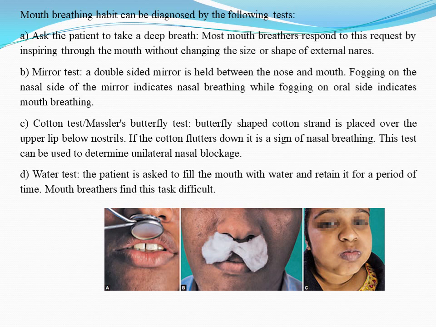This test can be used to determine a unilateral nasal blockage. Number 4, water test. The patient is asked to fill the mouth with water and retain it for a period of time. The mouth breather finds this task very difficult.